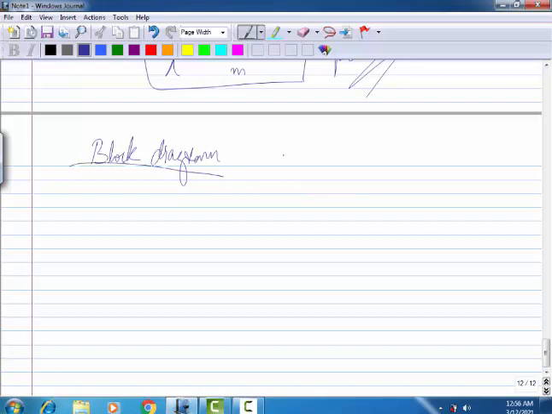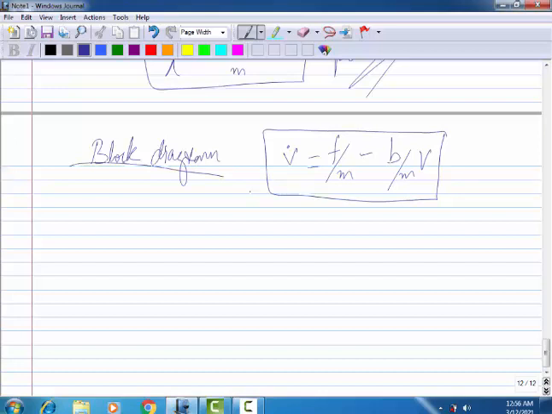If you look at the mathematical formulation, the system was V dot equals F divided by m minus b divided by m times V. I just rewrote the mathematical equation of the model by dividing by m. So I need to write this in terms of a block diagram. How do we do that? This is an equality, so you need something that adds up.